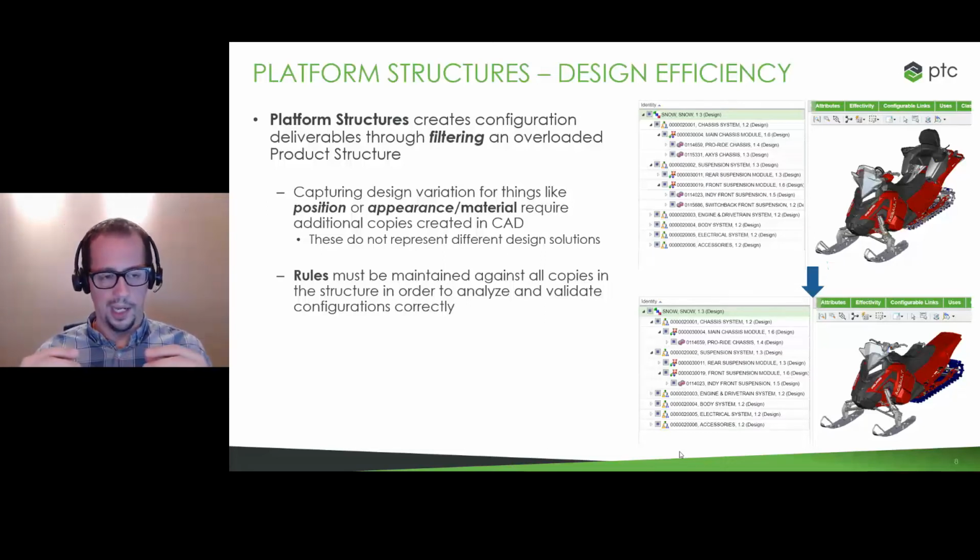And so what that results in is a lot of CAD duplication by making copies of this in additional positions or additional colors, and then maintaining the rules against those positions and locations, positions and colors and different geometrical options in order to allow Windchill to continue to be able to derive a particular configuration.